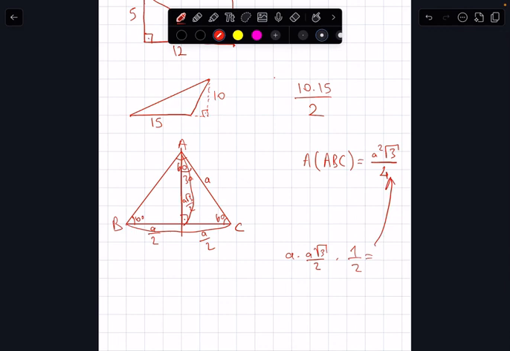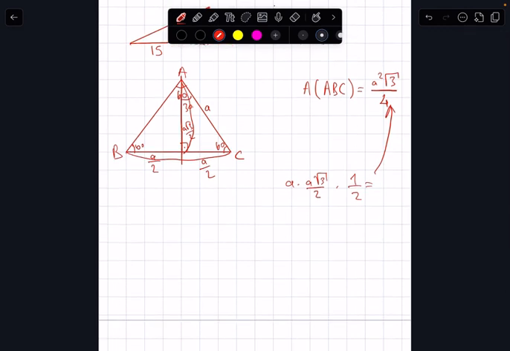One last thing about triangles, finding the length.